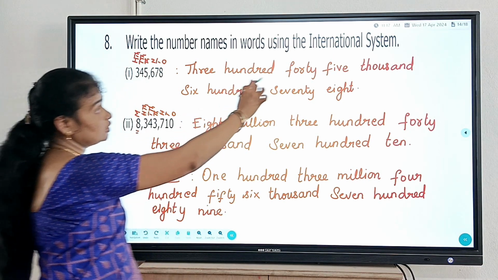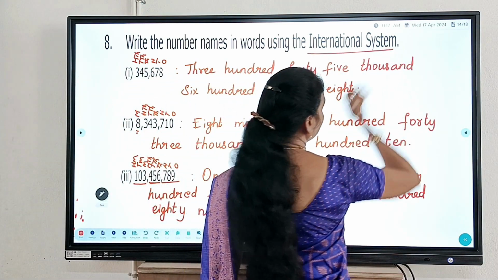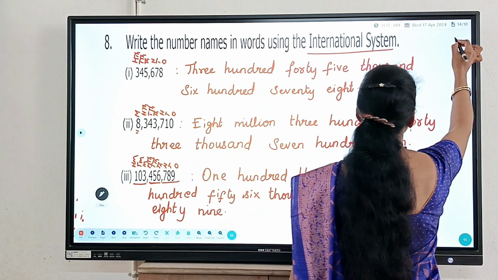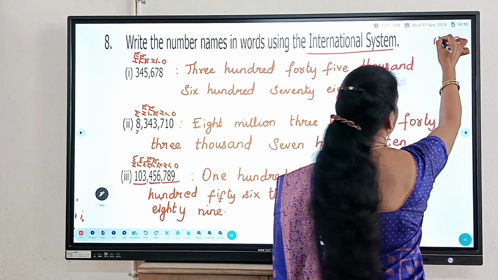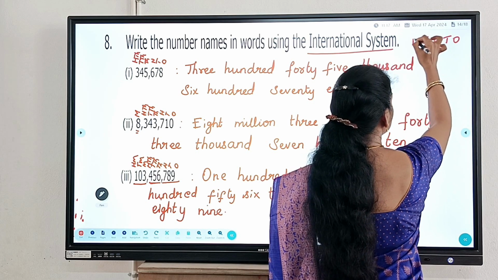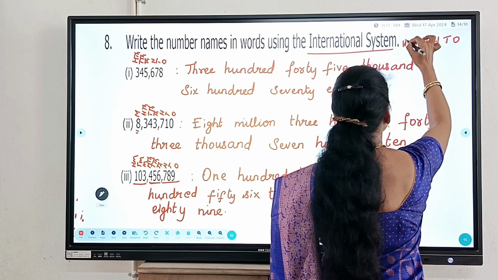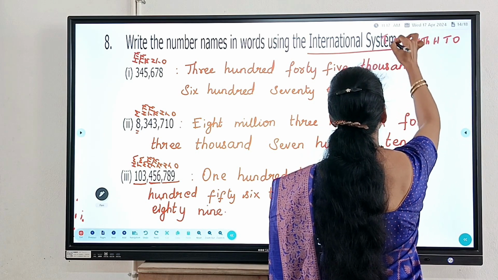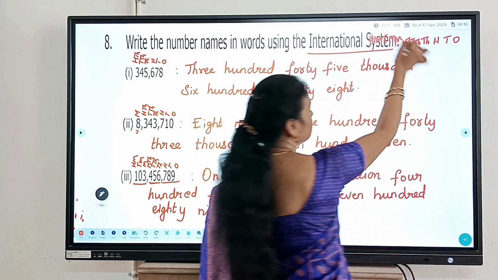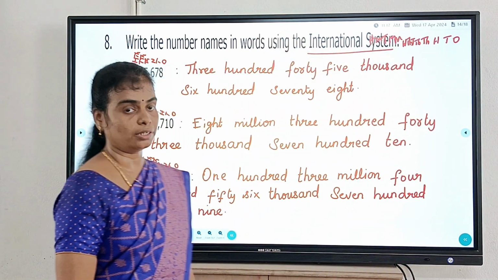So in the international system of numeration, how will you write the place values? First is ones, tens, hundreds, thousands, 10,000s, 100,000s, millions, 10 millions, 100 millions, and it goes on in this order.